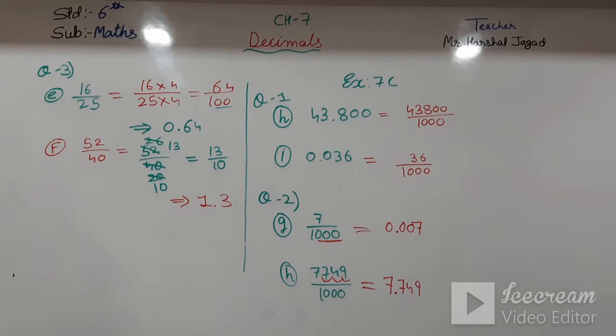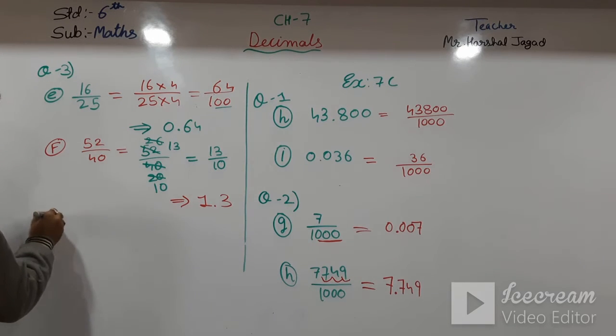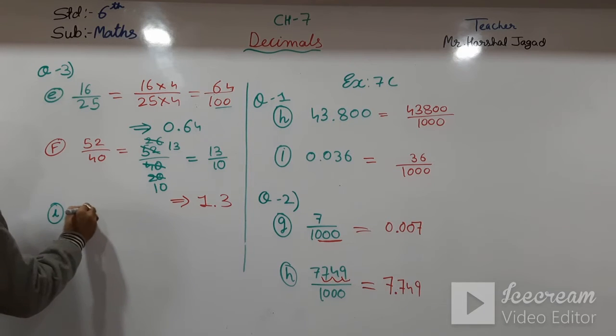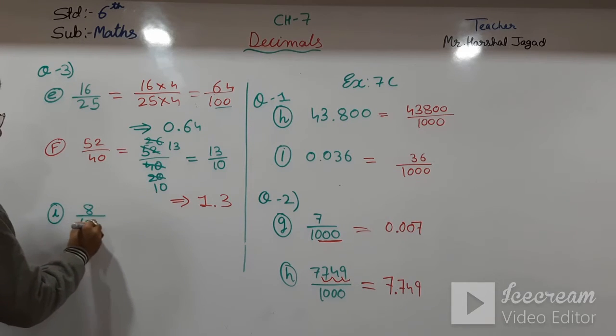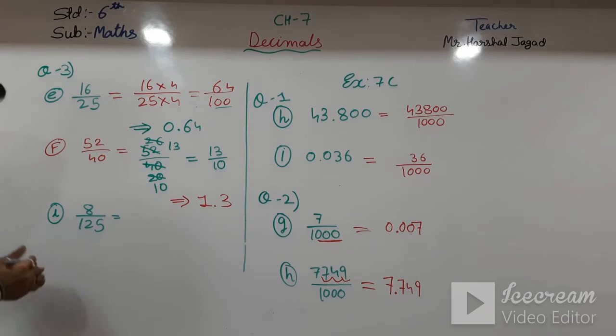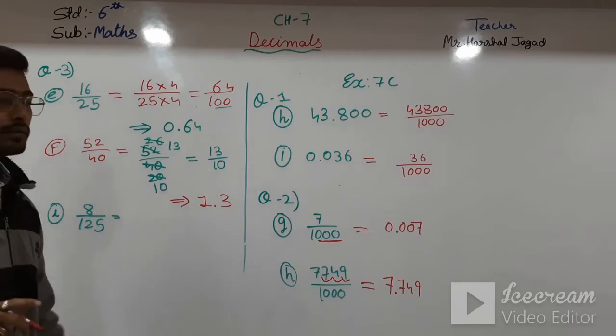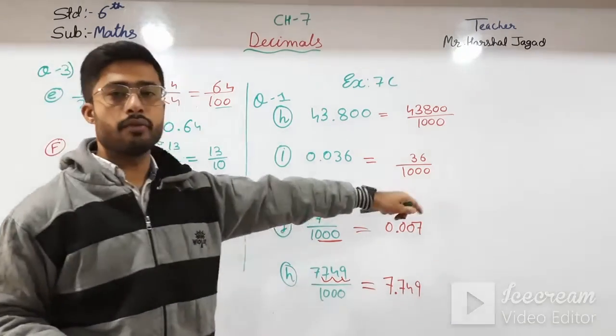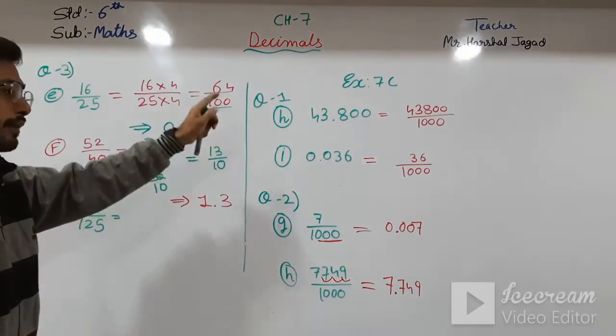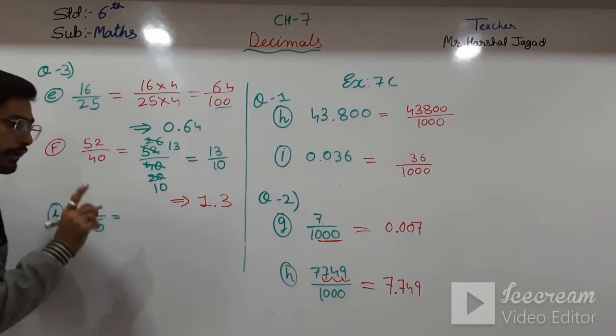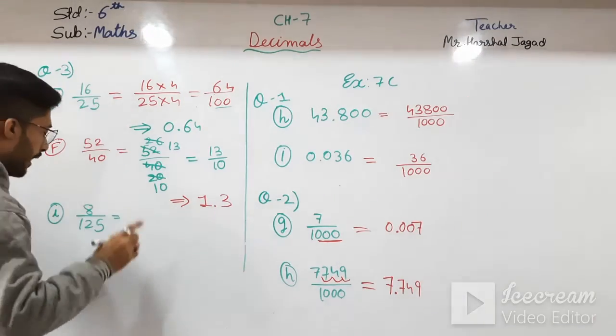Now here comes I, that is 8 upon 125. Here we have to just convert this 125 into 1000. As we have done before, 125 into 8 is 1000.